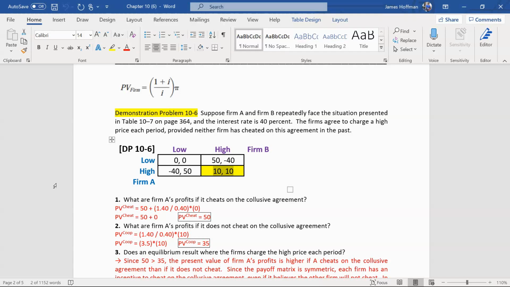Or if one of the firms cheats on the agreement and gets 50 and the other firm loses 40, then anytime one of the firms cheats or breaks the agreement, the agreement's over. And then for the rest of the time horizon, the profits go back to the Nash equilibrium, which is no agreement.